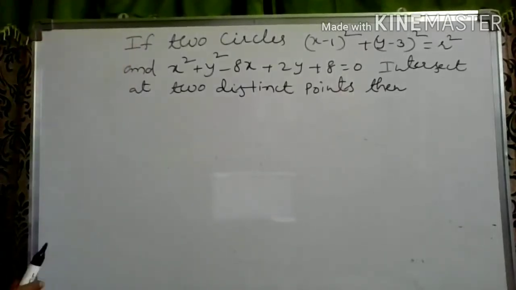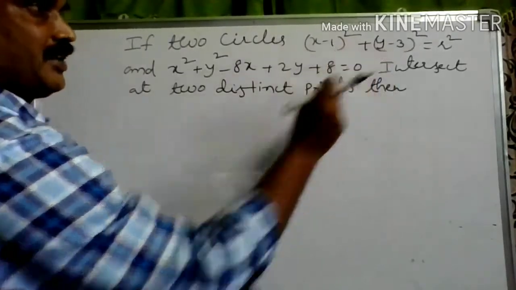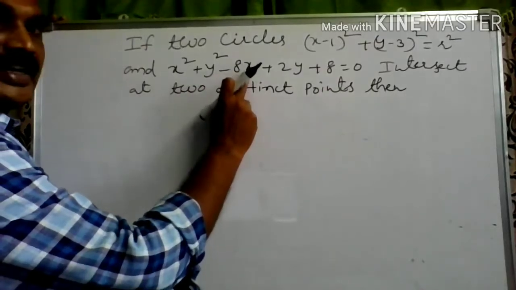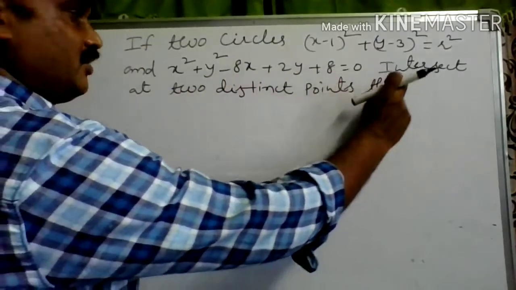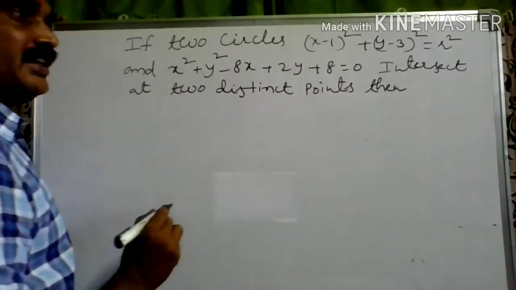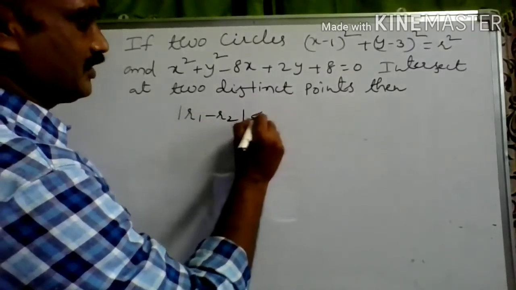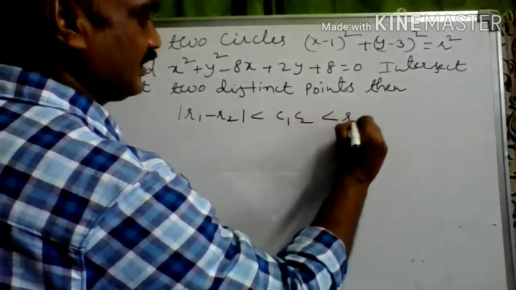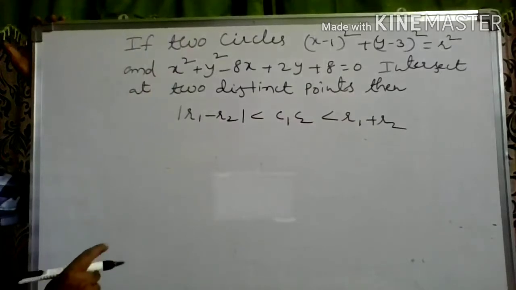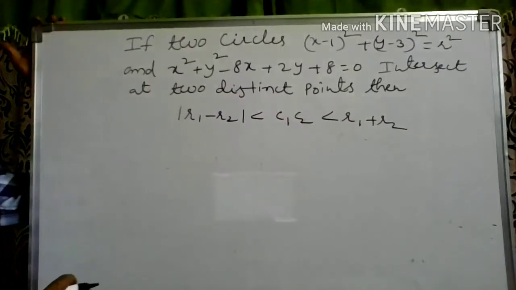Next question. If two circles (x minus 1) whole square plus (y minus 3) whole square is equal to r square, and x square plus y square minus 8x plus 2y plus 8 is equal to 0, intersect at two distinct points, then for two distinct points the formula is mod of r1 minus r2 is less than c1c2 is less than r1 plus r2.